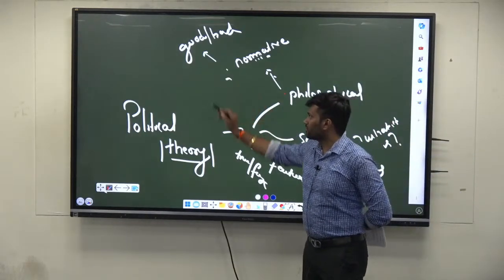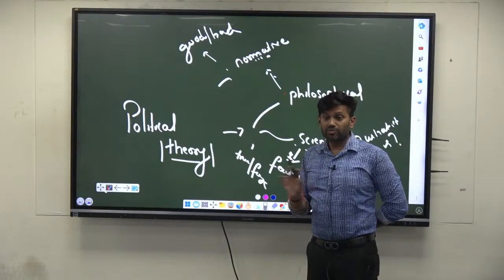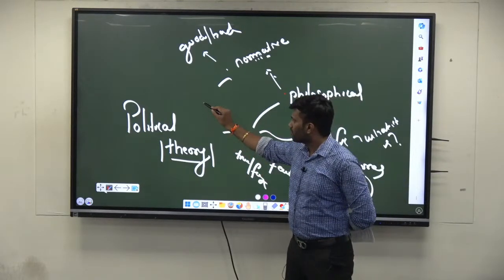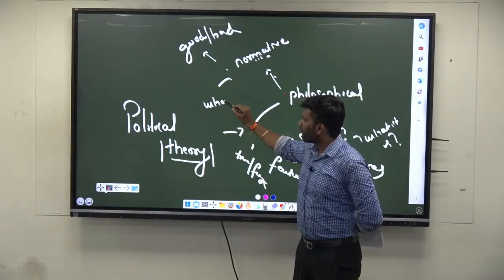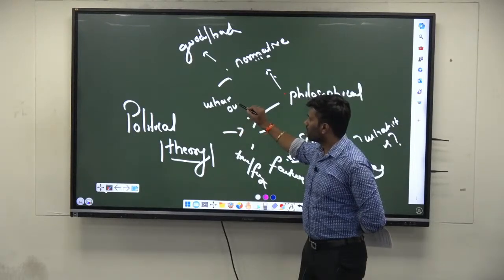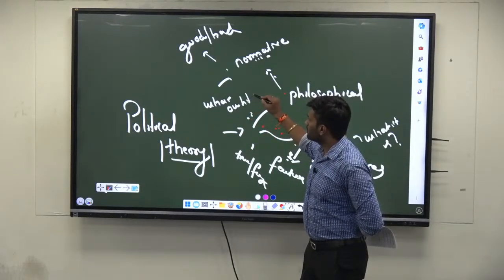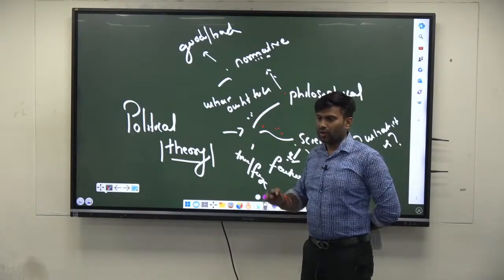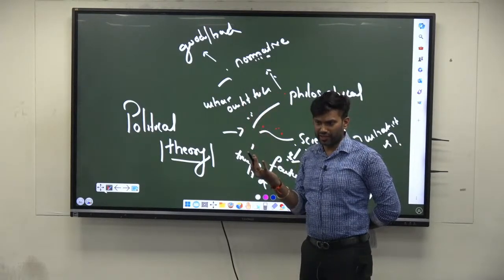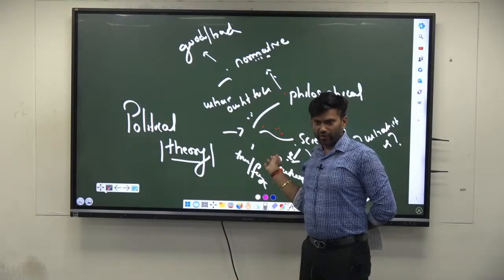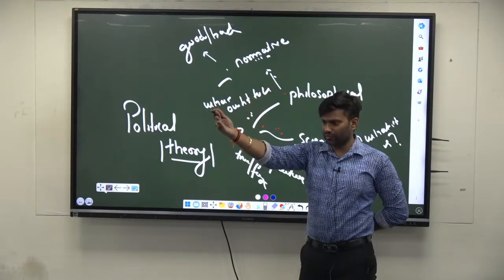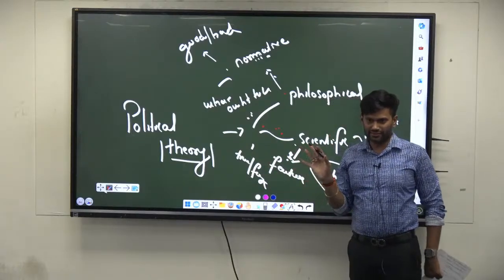Here the question is not explanatory, it is prescription. What ought to be. So Plato said how our society should be organized. In scientific methods you don't prescribe, you don't tell this is how it should be, you are just explaining how it is.